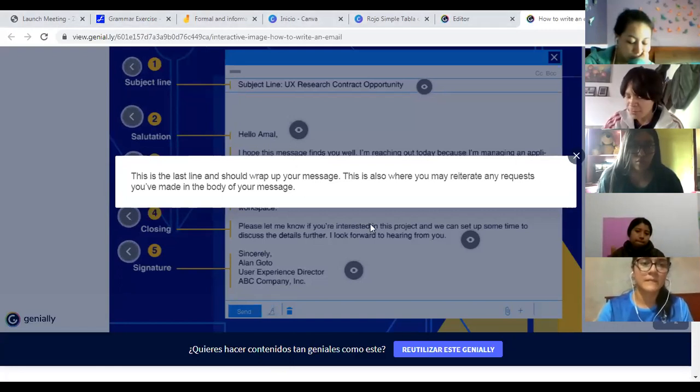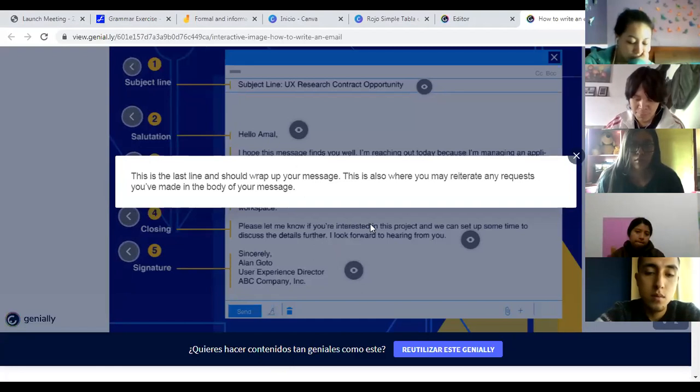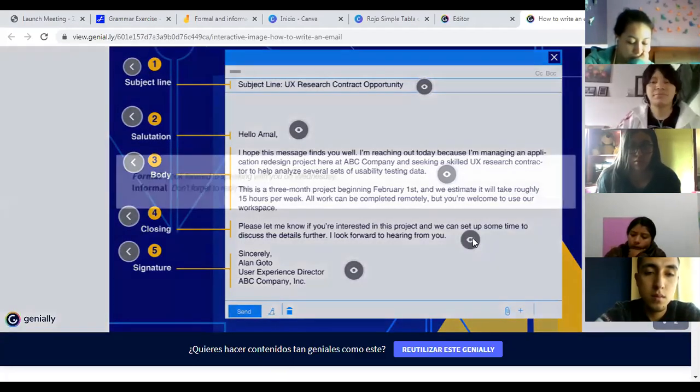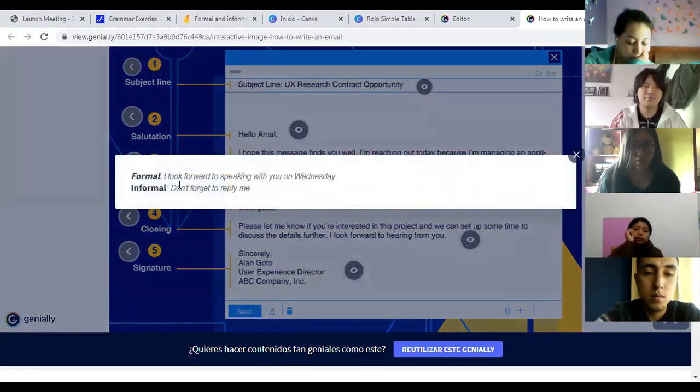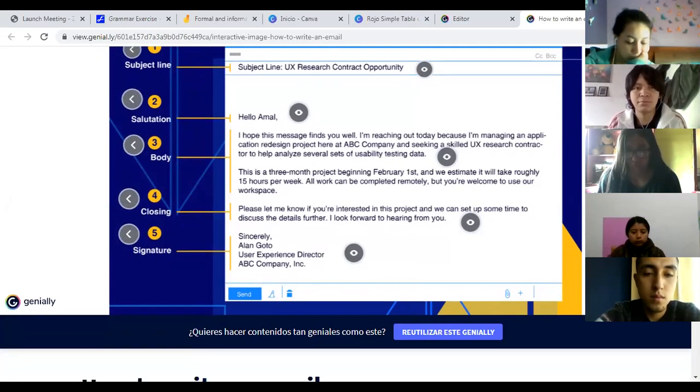So yes, this is the last line and should wrap up your message, like give it a conclusion, like with this I finish my email. Here we have some examples. Formal, we have, I look forward to speaking with you on Wednesday. And informal, don't forget to reply to me, please. So this is just like the conclusion of the email, almost like saying bye.